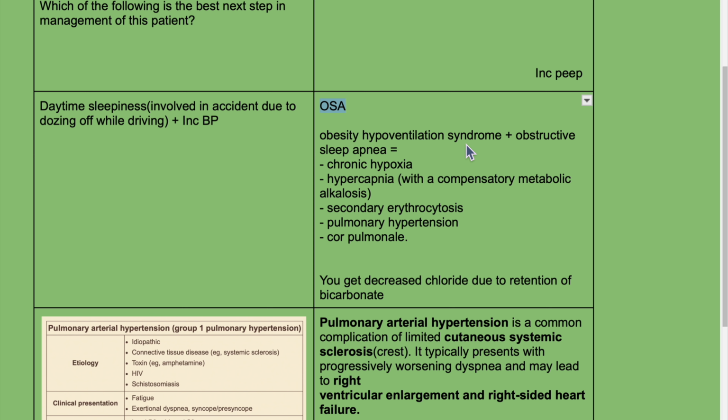Obesity hypoventilation syndrome plus obstructive sleep apnea will cause chronic hypoxia, hypercapnia with a compensatory metabolic alkalosis, secondary erythrocytosis, pulmonary hypertension, cor pulmonale. All of these things can occur with OSA. The main thing is you have to see that the systolic is high and there's daytime sleepiness. They all point to OSA, and then these things just fall into place.